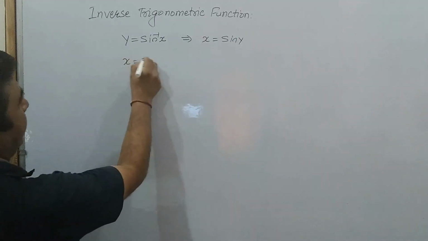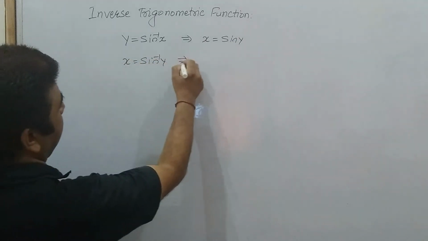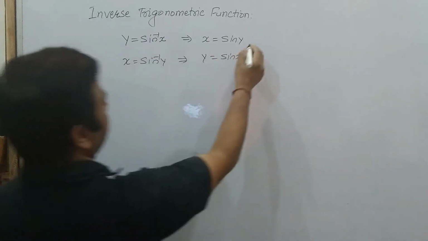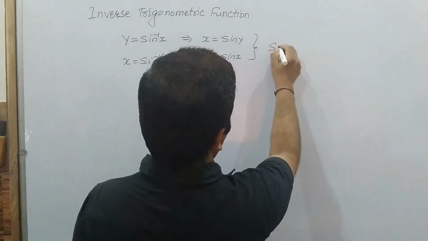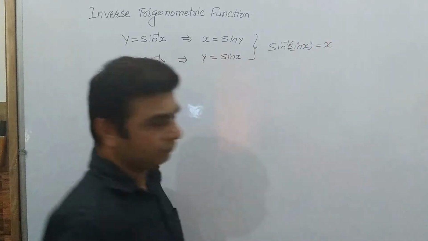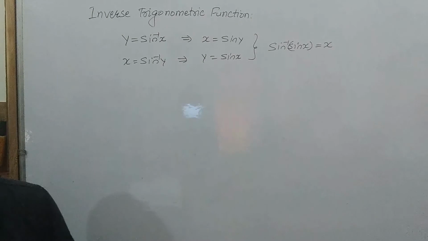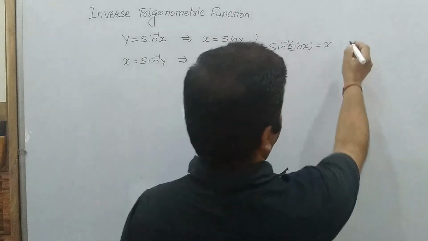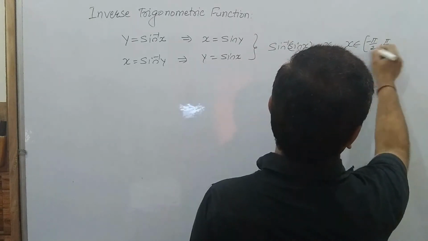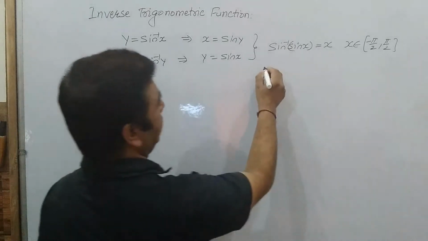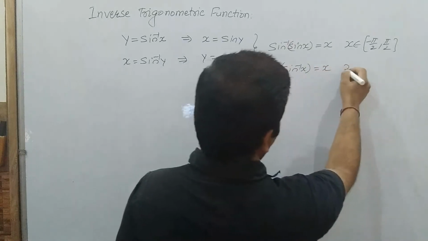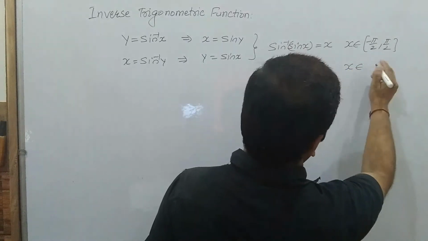And if x is equal to sine inverse y, then y can be written as sine x, which is equivalent to: sine inverse of sine x will be equal to x, and x should belong to minus 90 to plus 90. And sine of sine inverse x will also be equal to x, but x belongs to minus 1 to plus 1.